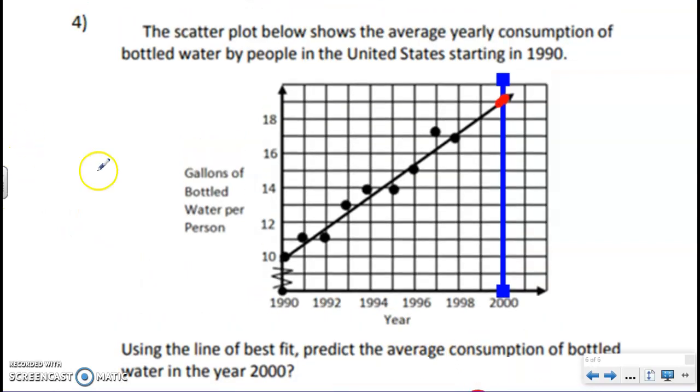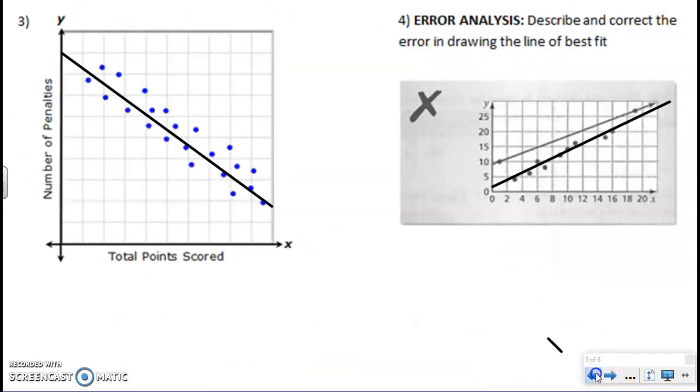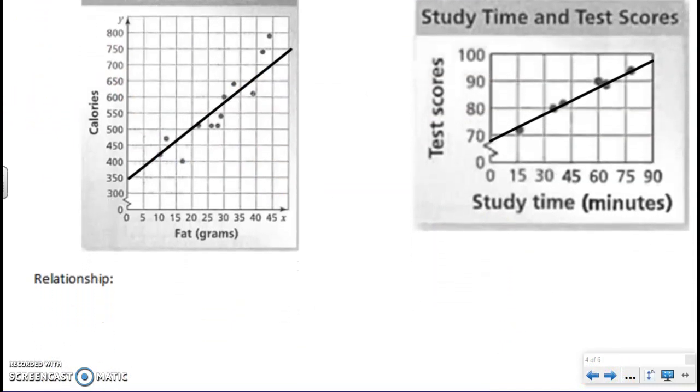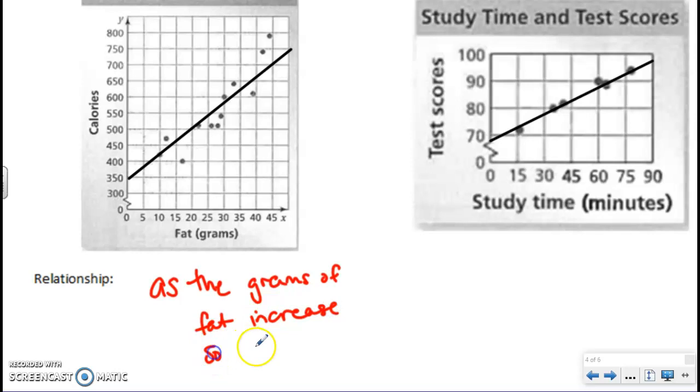Okay. One thing I'm going to go back and talk about is the relationship between these. It is noted in the bottom of some of the examples. So like if I look at the pattern here, once I do my line of best fit, I would say as the grams of fat increase, so do the calories. Okay.